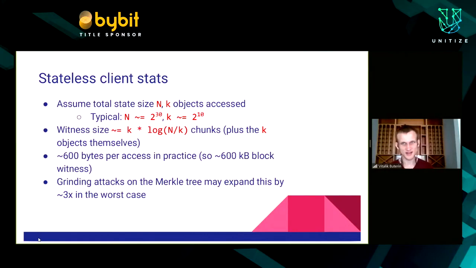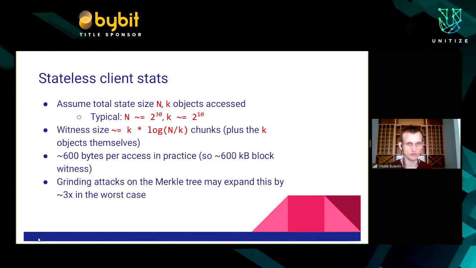There are grinding attacks on the Merkle tree. Basically, imagine an attacker generates a whole bunch of account addresses that are extremely close to each other and sends a very small number of coins to all of these addresses, and then creates a transaction that tries accessing all of those addresses.